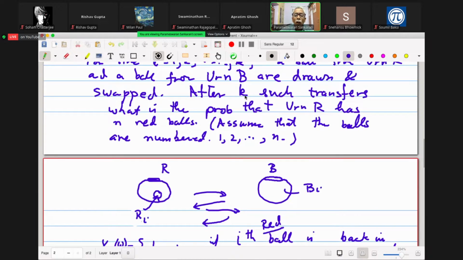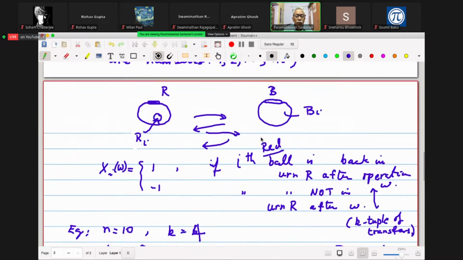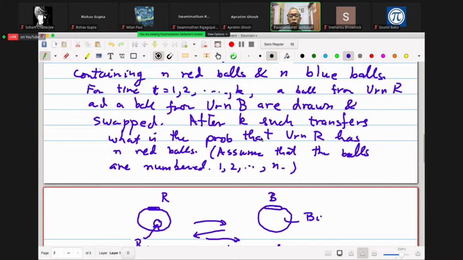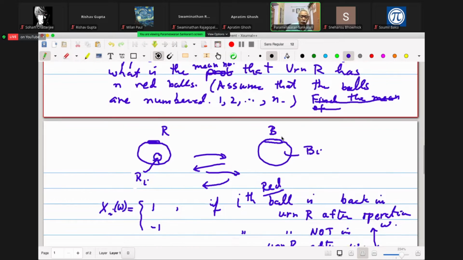The problem, after k such transfers, what is the problem? Did I write that? I did not write the question. I started talking about this. Find the expected number, find the mean number of red balls. So that's what we want to compute.